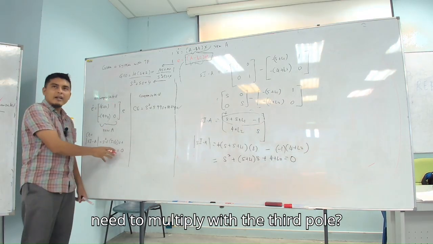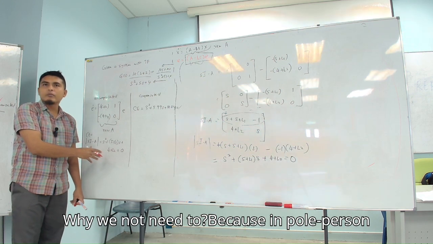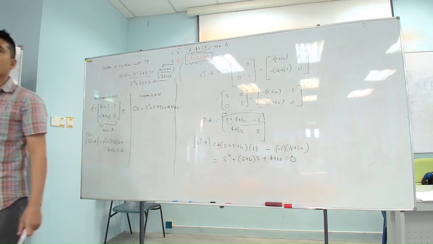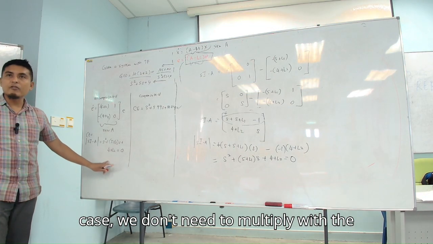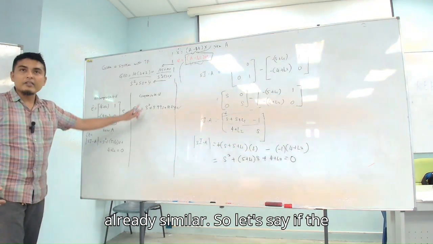Do we need to multiply with the third pole? Why do we not need to? Because in the pole placement controller example, we needed to multiply with the third pole. Why in this case do we not need to multiply with the third pole? Yeah, because they're already the same.